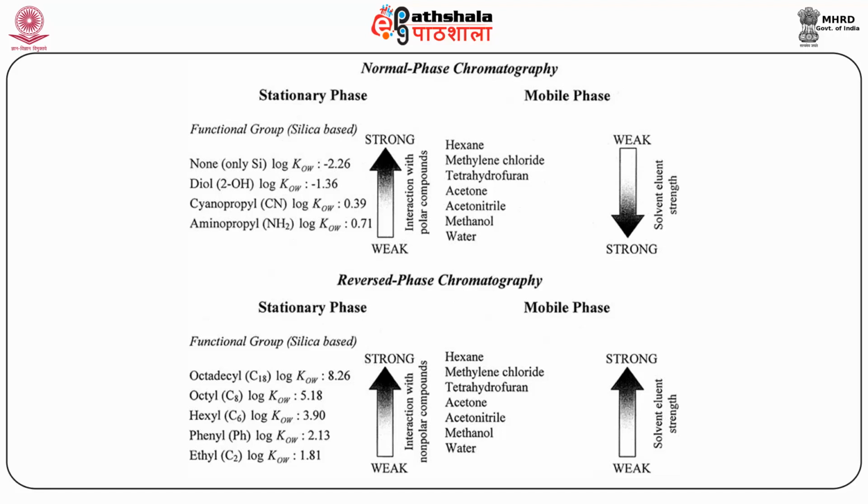Thereby, the interaction with non-polar compounds increases from C2 to C18 columns, while the elution strength of the solvents increases from water to hexane. So the direction of elution strength is completely reversed. That's why we call it reverse phase chromatography, which is the basis of new HPLC methods.